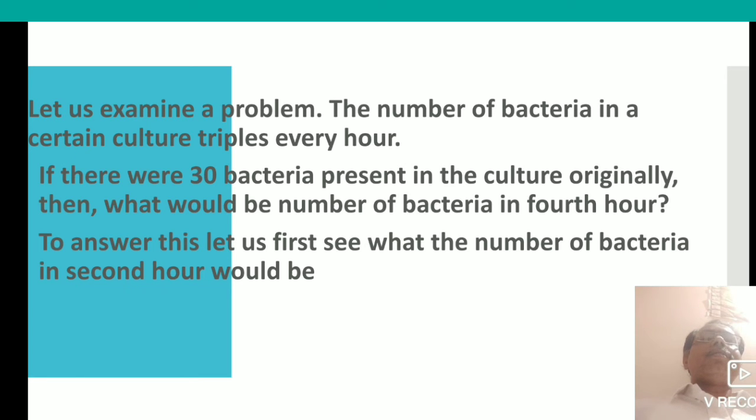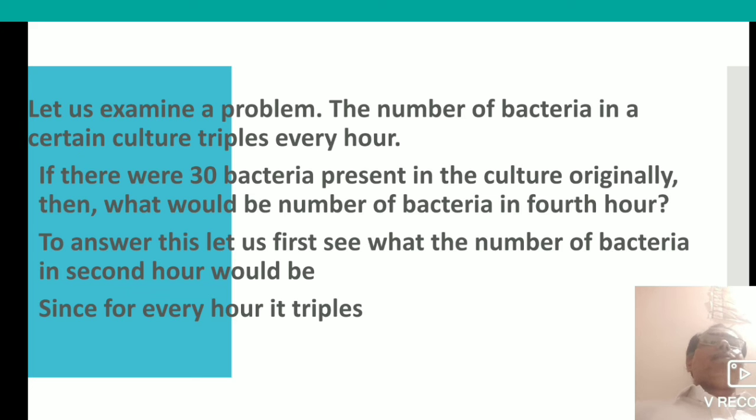To answer this, let us first see what the number of bacteria in the 2nd hour would be. Can you say? Since for every hour it triples, let us take one pictorial figure here, just to observe this animation.